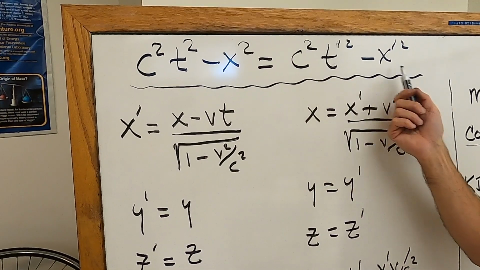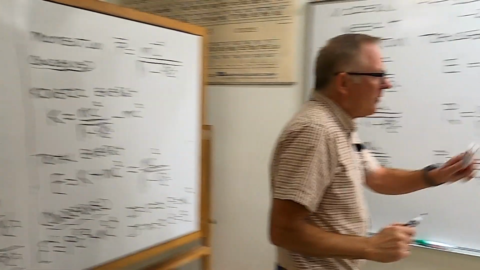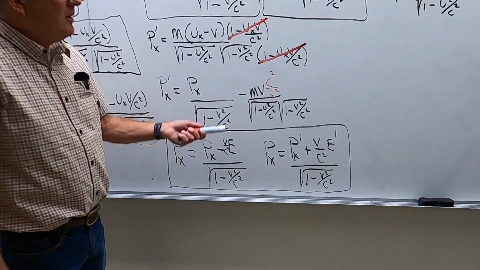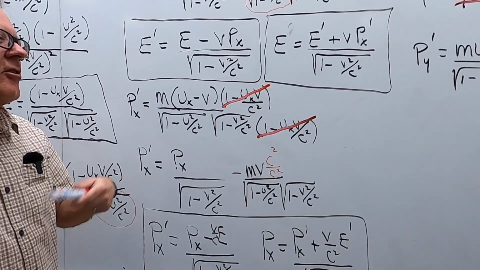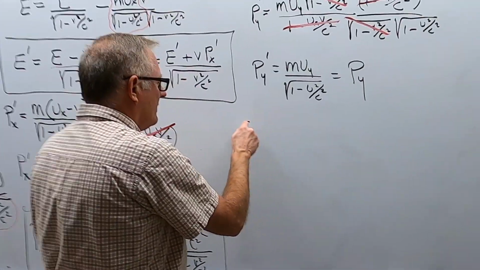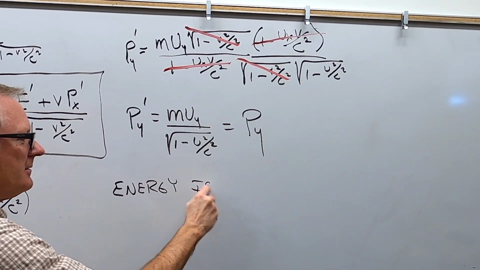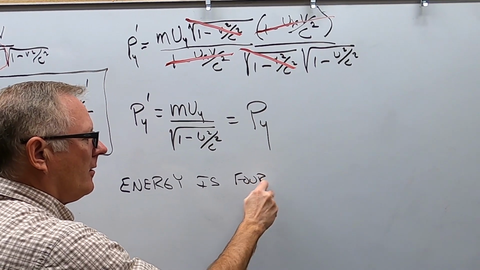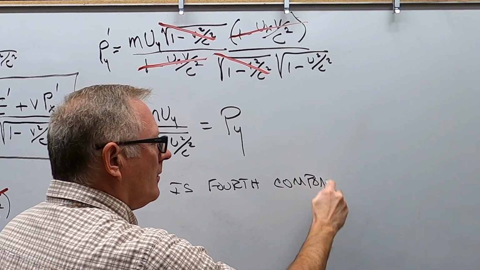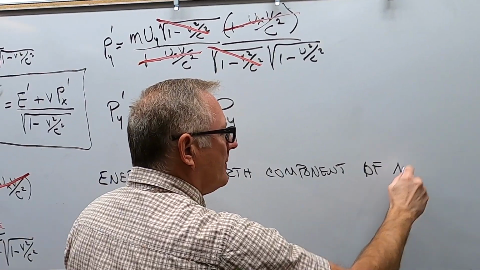Mary measured the same value when she did it in her frame. You'll notice over here that energy looks like the fourth component of momentum. So energy is the fourth component of momentum.